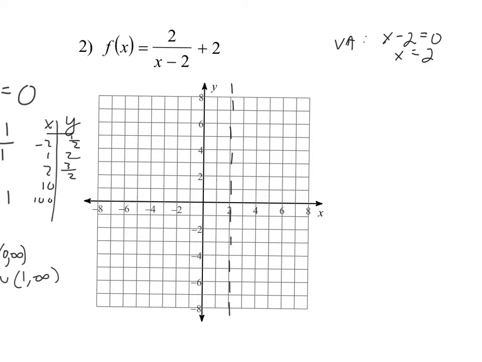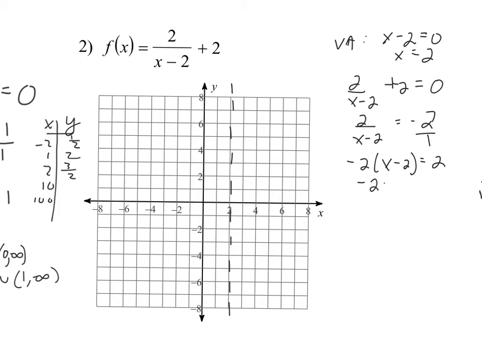X-intercepts. For x-intercepts, you set the whole function equal to 0 and solve. So you get 2 over x minus 2 equals negative 2. And then you're going to cross multiply. So you're going to have negative 2x minus 2 equals 2.